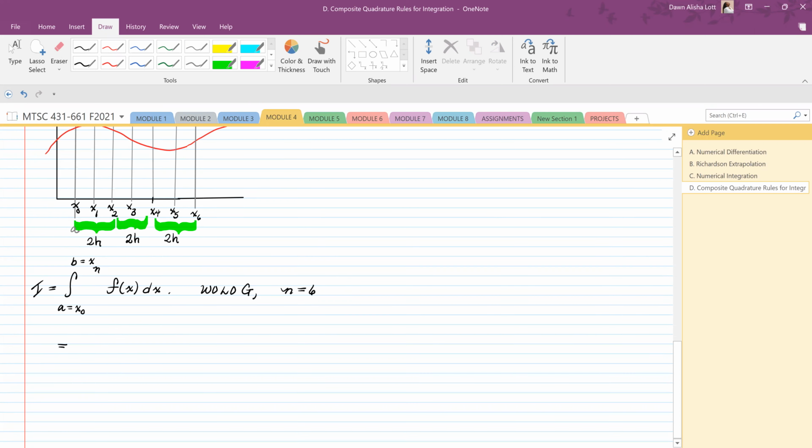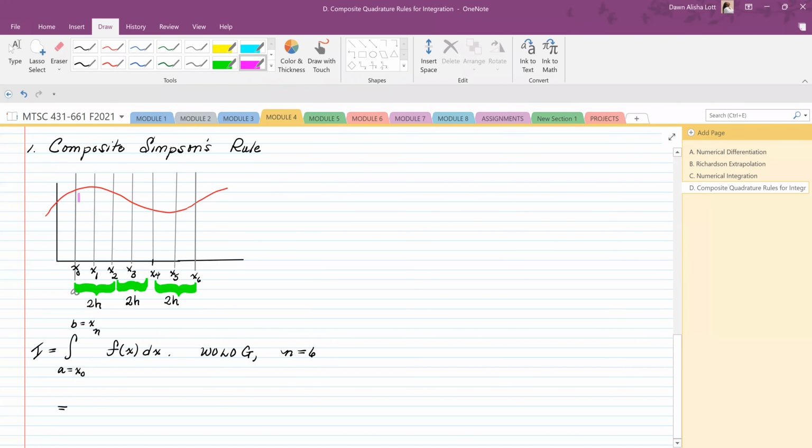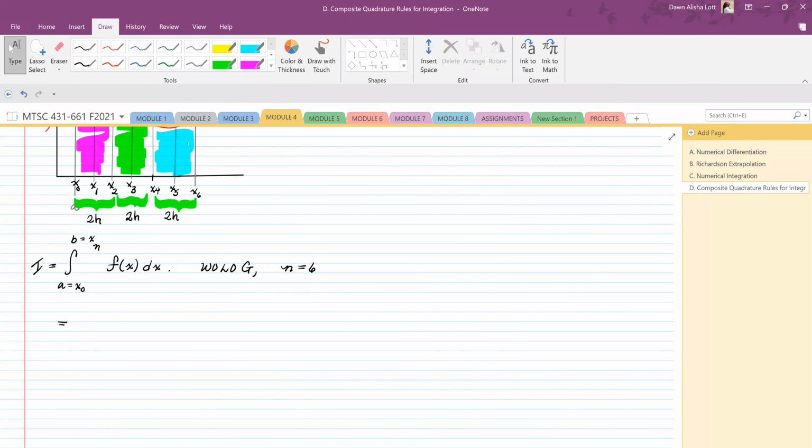Okay. So now I'm going to use Simpson's rule on this part. Then I'll do it on this part. And then I'll do it on this part. Everybody see what I'm doing? So when I do Simpson's rule on that first part, I get h over 6 times f at x naught plus 4 f at x1 plus f at x2.